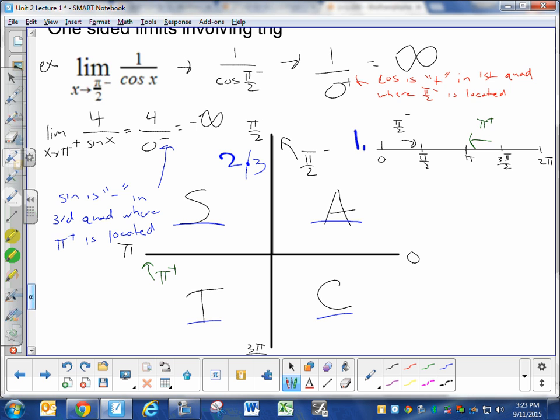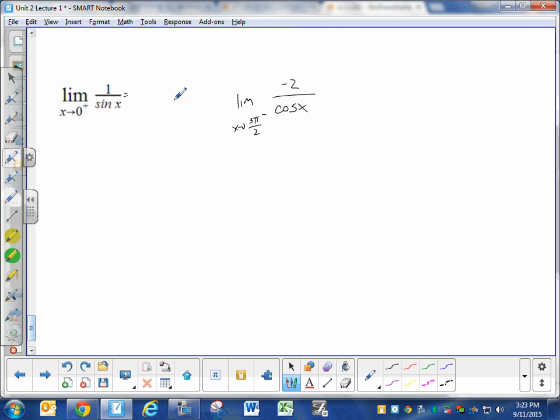One more. This one. And then we'll move on to horizontal asymptotes. I don't want you to think we're done after this one. We're just dealing with vertical asymptotes right now. Don't try to do it in your head.